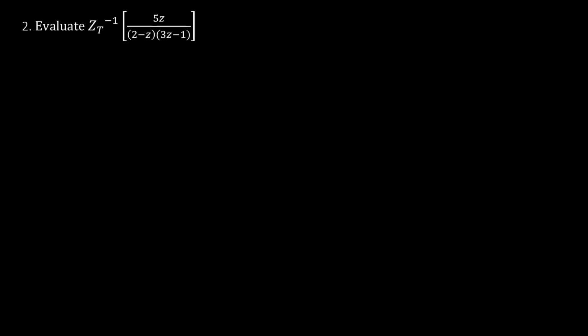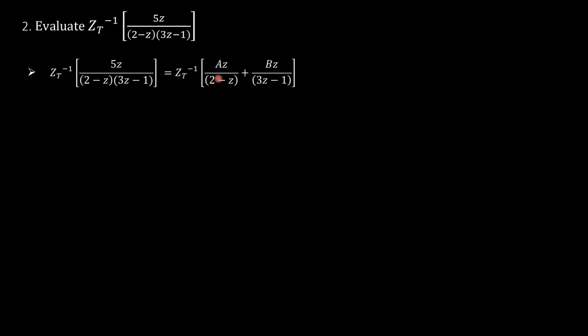Next problem. Evaluate the inverse z transform of 5z divided by (2 minus z)(3z minus 1). It can be written as the inverse z transform of Az divided by (2 minus z) plus Bz divided by (3z minus 1).